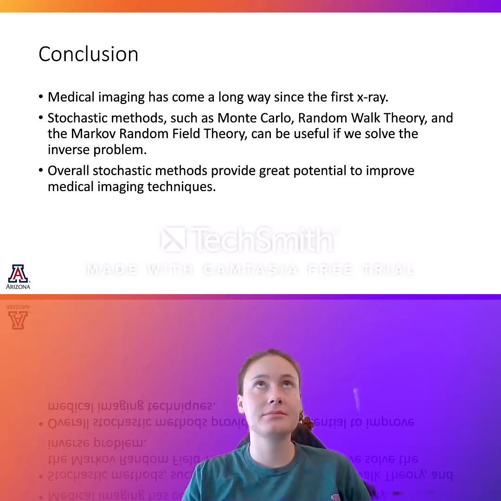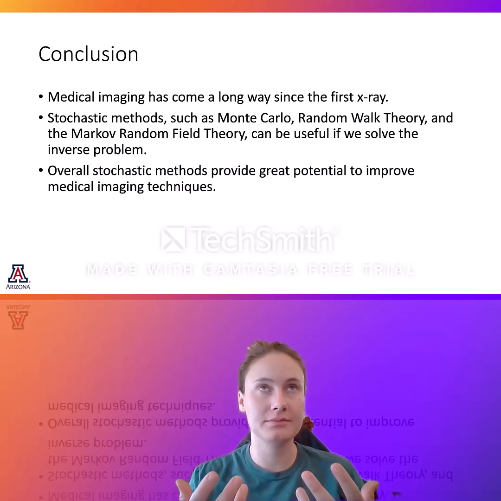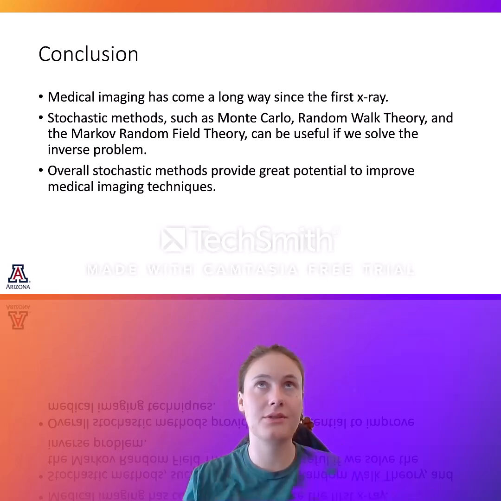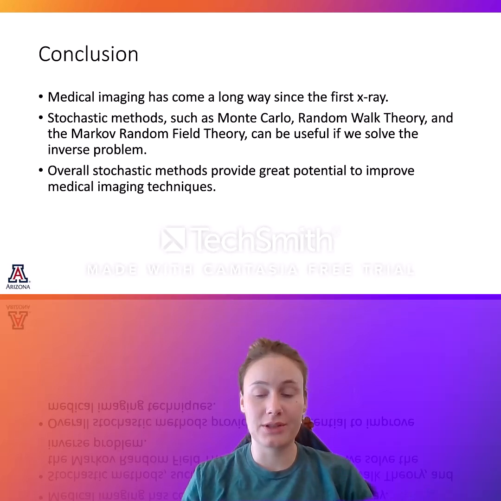And also, we need to do a lot of testing in the real world to create more data around this and find solutions to the issues that we're seeing. So overall, stochastic methods provide great potential to improve medical imaging techniques, and I am very excited to see where they go in the future.